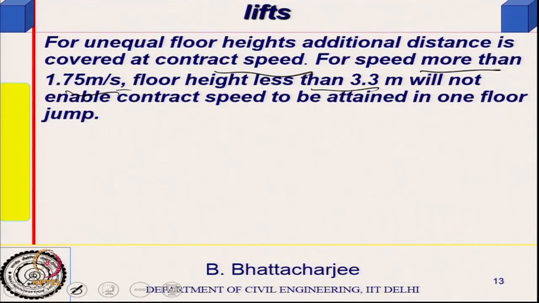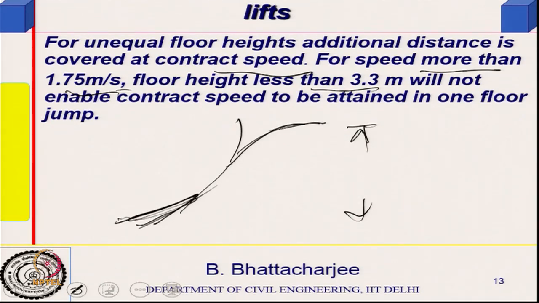So you can show that if it is accelerating and retarding at a constant rate, usually the acceleration rate is constant, I need some minimum height. Otherwise, somewhere it will have to start retarding if the height is less. So there is a minimum.